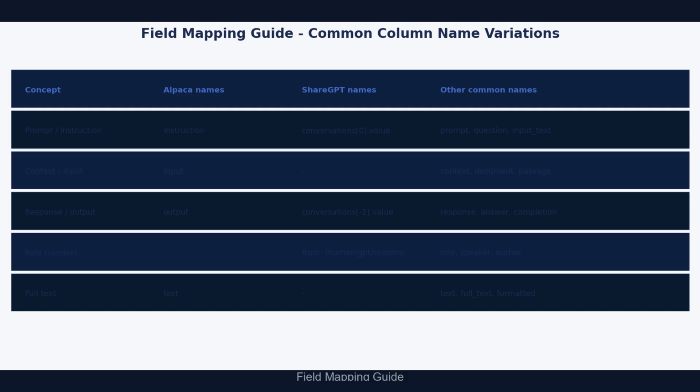The underlying concepts are identical: task, context, response. When you load a new dataset and the field names don't match what your training script expects, a quick dataset.map or rename columns call is all you need. Understanding these mappings means you can work with any publicly available dataset without being blocked by naming conventions.